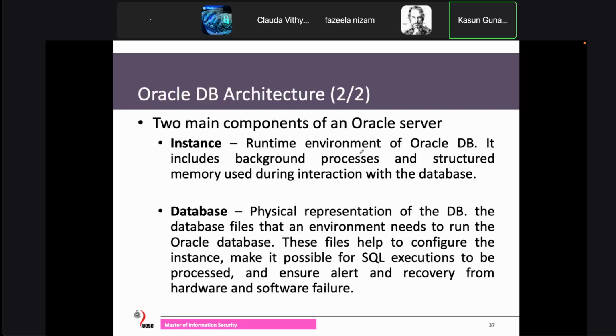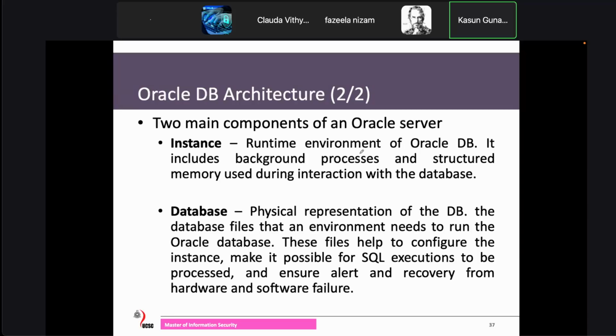So those are two terms which are used in Oracle context. So instance is what we see in runtime. So in runtime, we will see an instance of the database. So that is what we call database instance. So it includes background processes and structured memory used during the interactions with the database. So that is basically the instance.